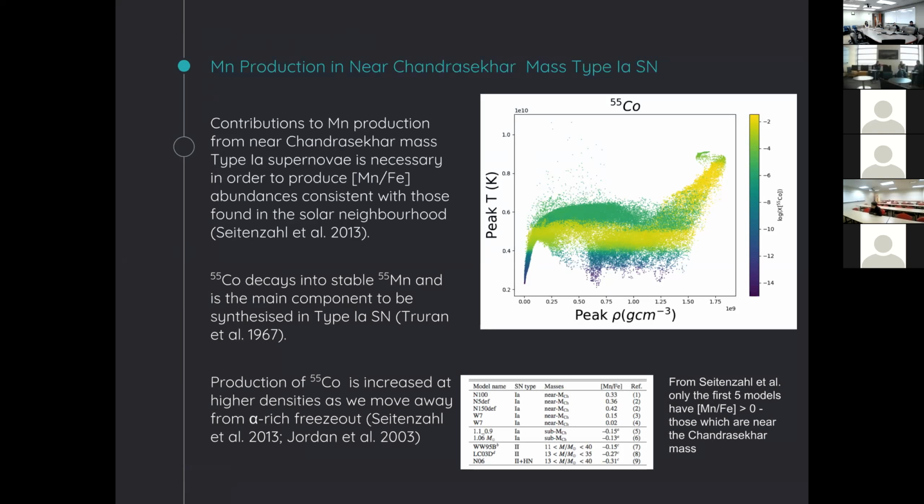Moving on from this now, I will mention briefly that the reason that it has to be such high density, if you remember the work, is that the higher densities make us move away from the alpha-rich freeze-out to the normal freeze-out, and that is what allows us to produce the cobalt-55.